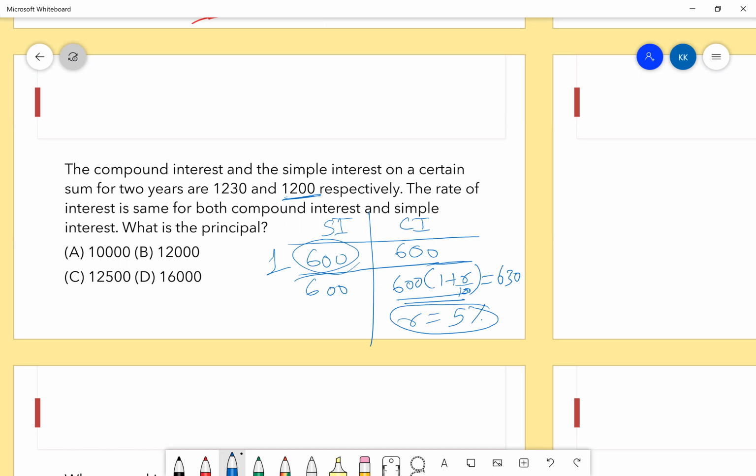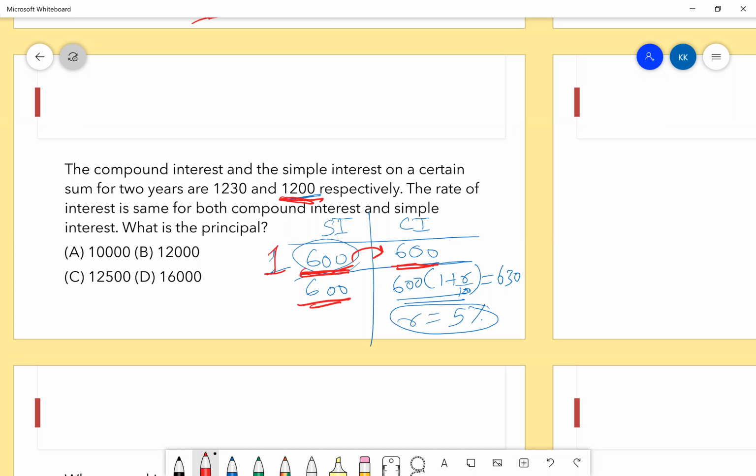For those of you, I will repeat this concept once again. Since we have 1200 as the simple interest for 2 years and simple interest for every year is fixed, it will be 600 and 600. And since the simple interest and compound interest for any given year at the beginning, for any given principal, would be the same, this will be 600 too.